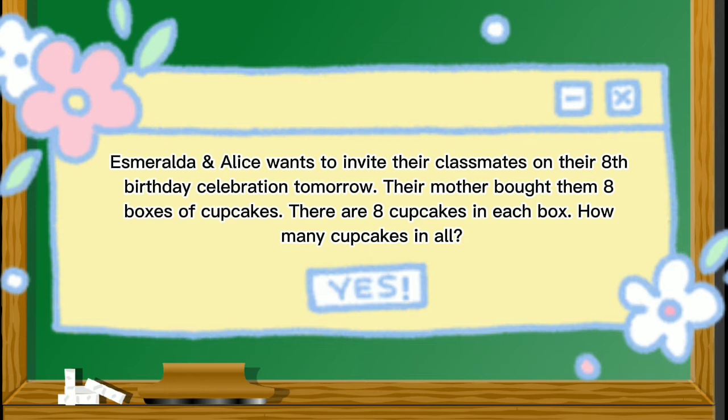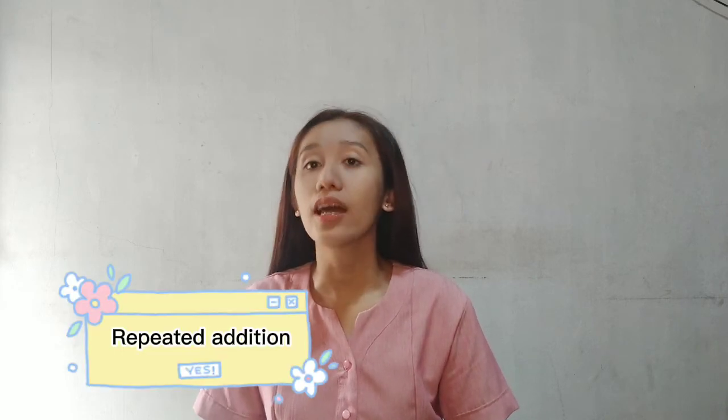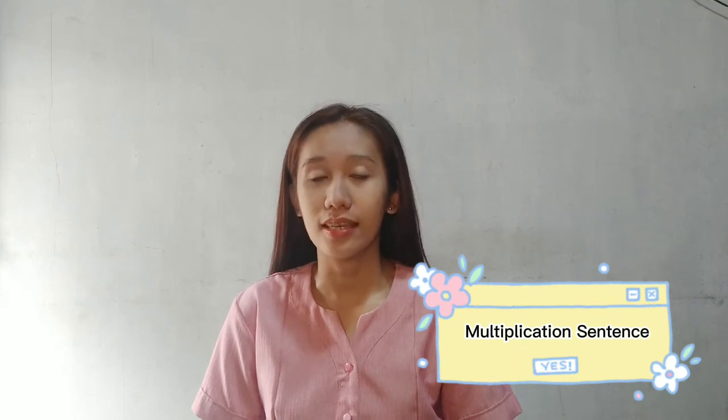So now the questions are, how many boxes are there? How many cupcakes are there in every box? And how many cupcakes are there in total? Now let's analyze the situation. The methods in multiplying numbers are repeated addition and multiplication sentence.